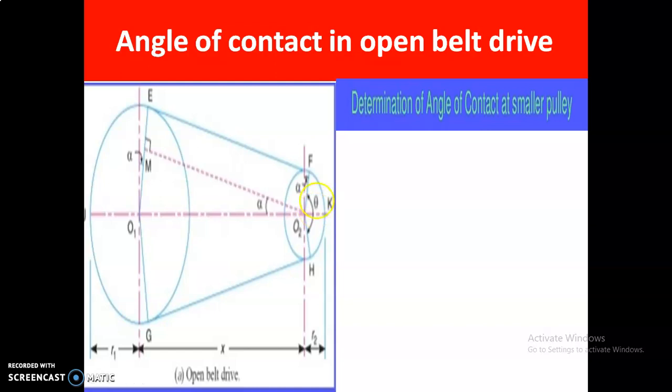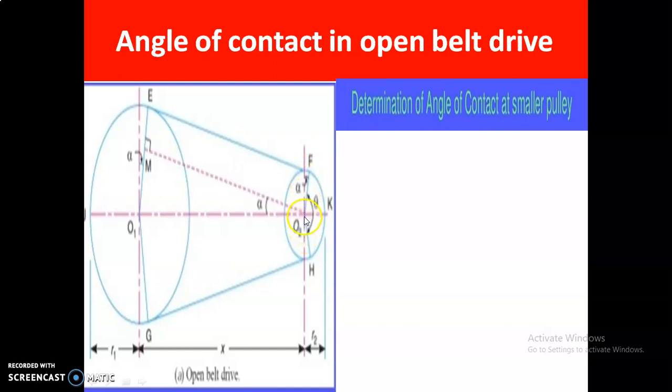Therefore, theta is equal to what? From the pink color line to pink color line, this is 180 degrees. We need only the angle between F and H, that is theta. How can we get theta? If we subtract the alpha value, from the pink color line to the line O to F is alpha.